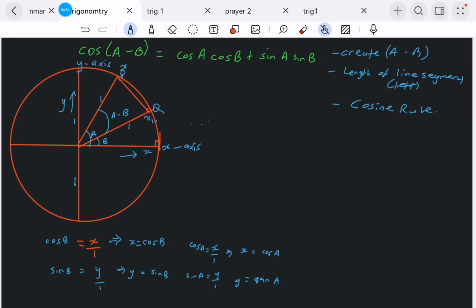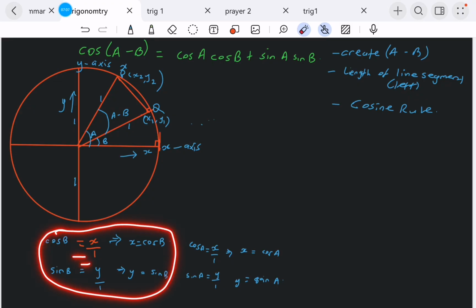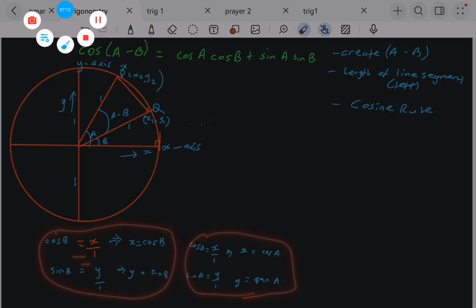Remember we studied about coordinates. And these are what I have just put here. This is the x1 and y1 for the B, and then the x2 and y2.